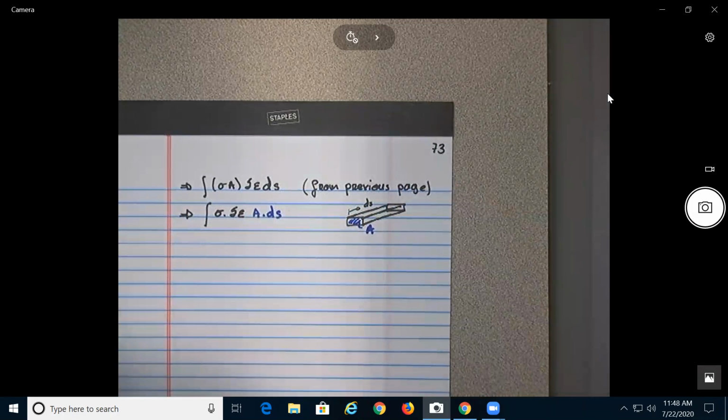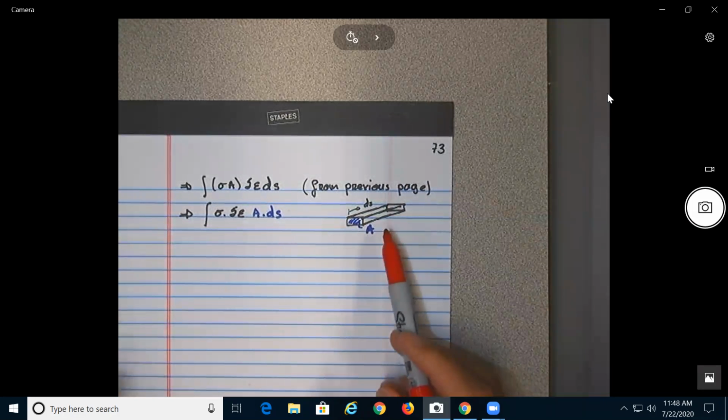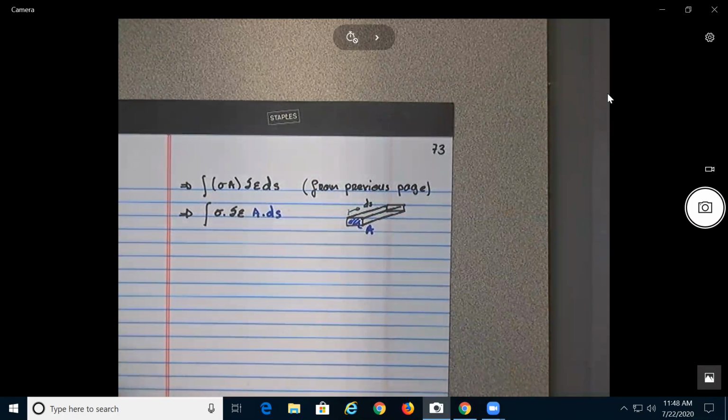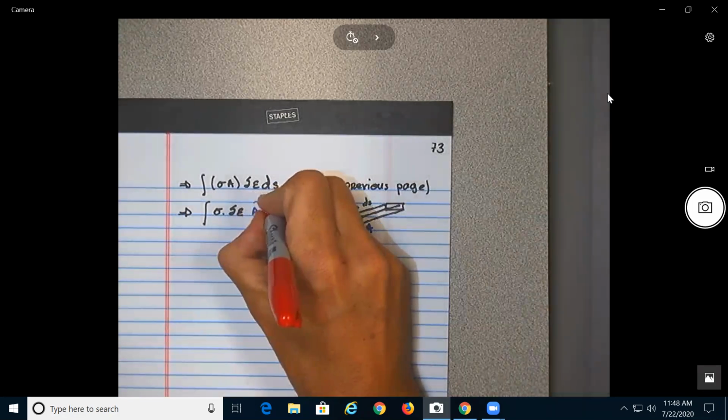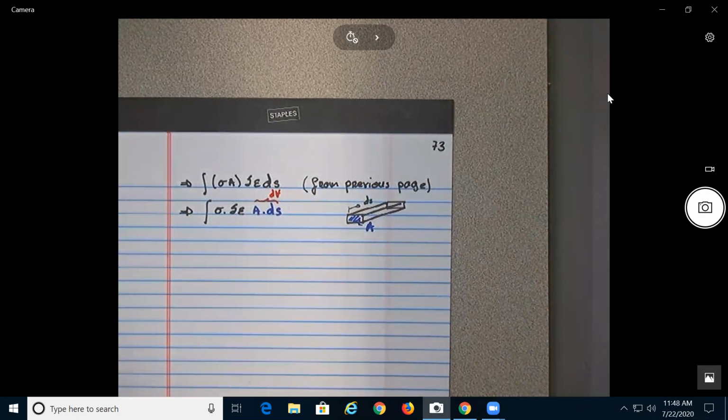So what would be ds? If you multiply the area by the length, what are you going to get? You get the volume. So really this is equal to a differential volume, no? Okay.